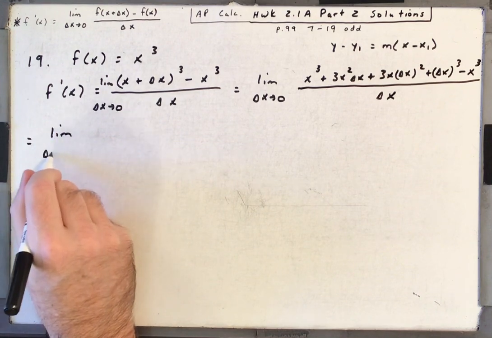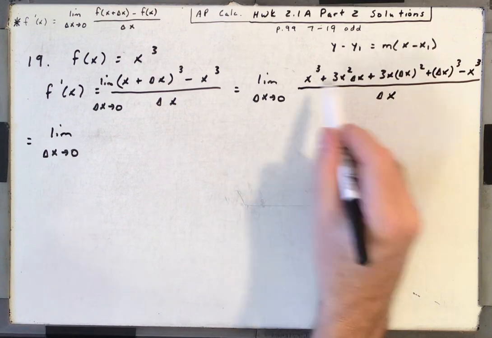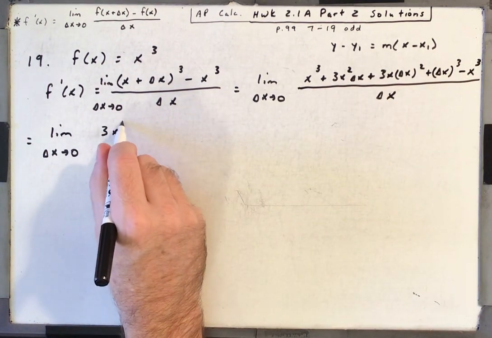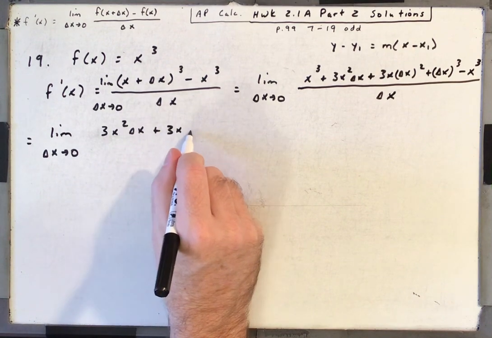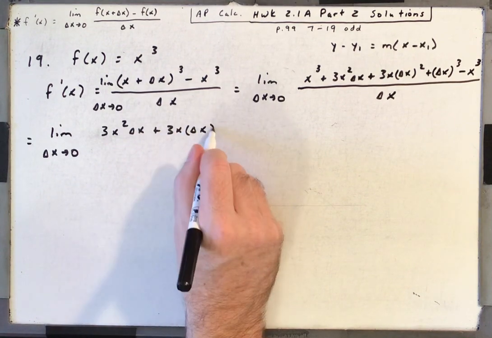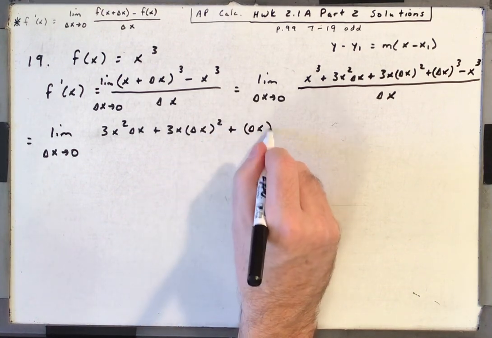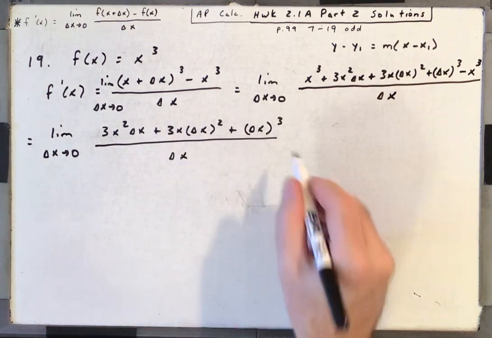So that equals the limit as delta x approaches 0 of, the x cubes cancel, and we have 3x squared delta x plus 3x delta x all squared plus delta x all cubed over delta x.